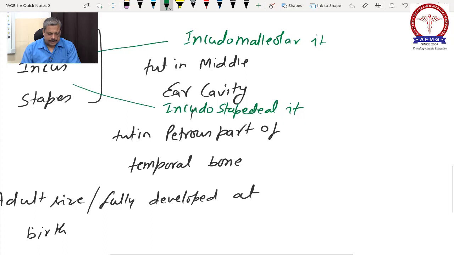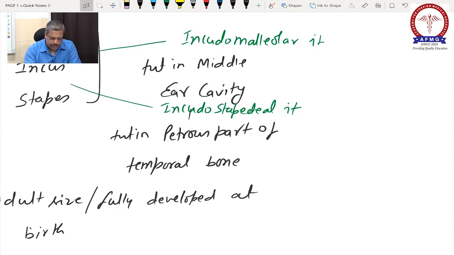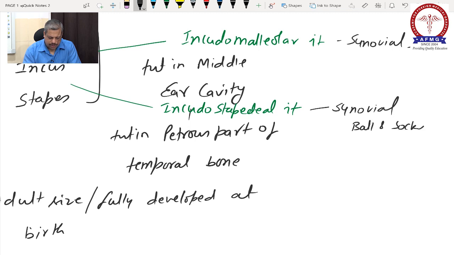What type of joints are these? Incudomalleolar joint is a synovial joint of saddle variety. Incudostapedial joint is a synovial joint of ball and socket variety.